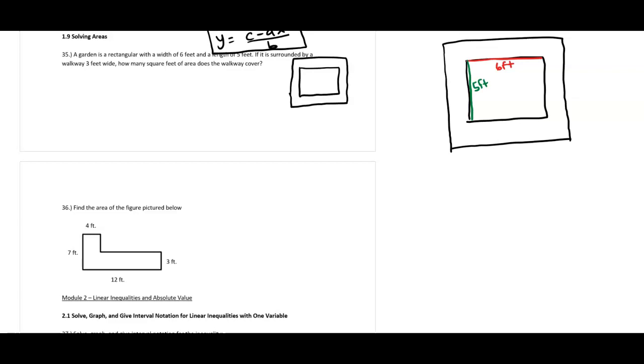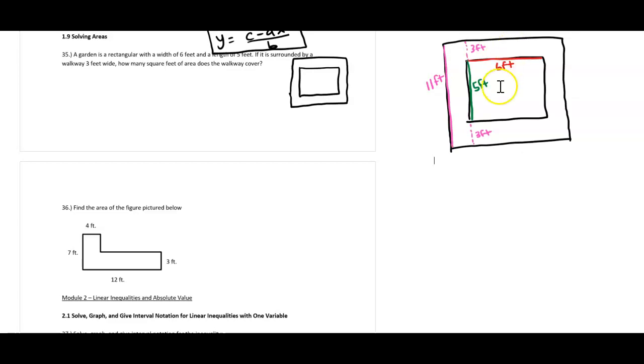If I'm comparing how much longer this side is from the 5, I'm going to have to add 3 feet here and 3 feet here. So now this is really 5 plus 3 plus 3, so that whole length is now 11 feet, from here down to here.